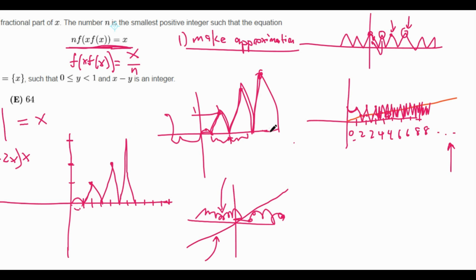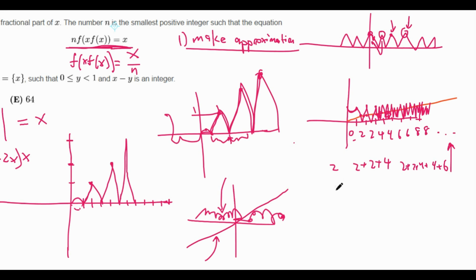So let's try to enumerate what our sum will be at any general n. At n equals 1, we have 2. At n equals 2, we have 2 plus 2 plus 4. At n equals 3, we get 2 plus 2 plus 4 plus 4 plus 6, and so on like that.